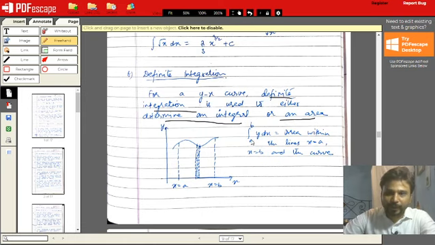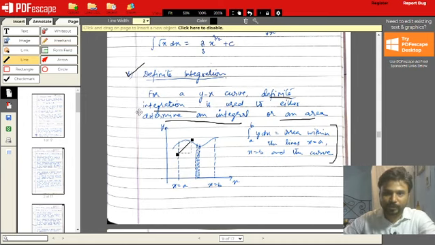So integral y dx, and we put some values a and b over here. This represents the area within the curve and the lines x equal to a and x equal to b. This is what is meant by definite integration. It shows you this complete area.